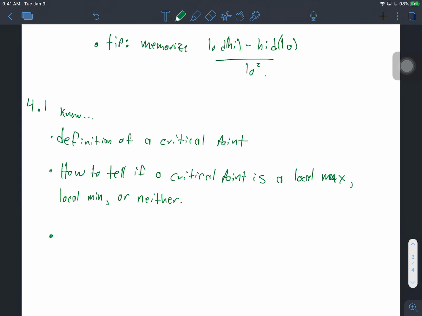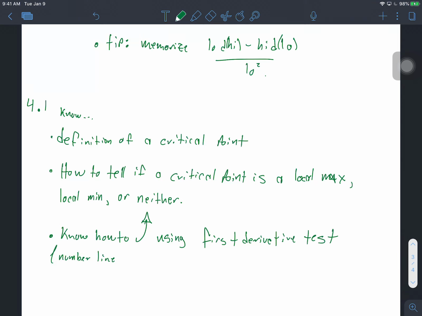We should know how to do that. We should know how to do this using one of 2 methods. First derivative test, that's the one we do with the number line. And the second derivative test.